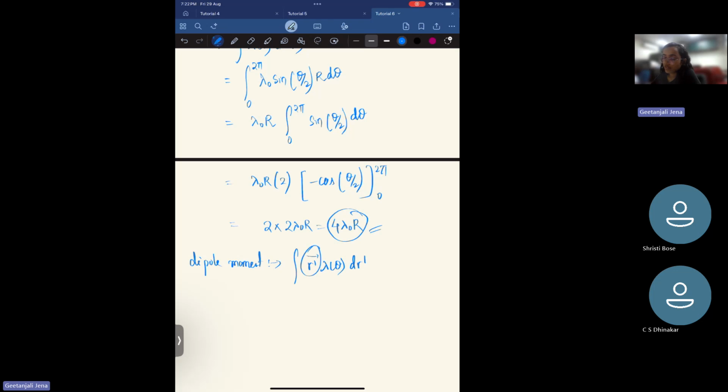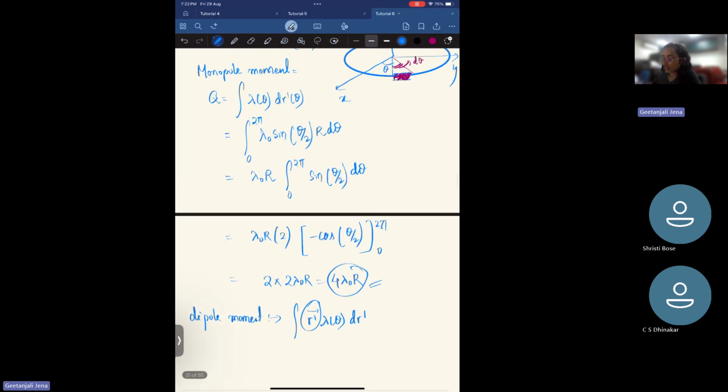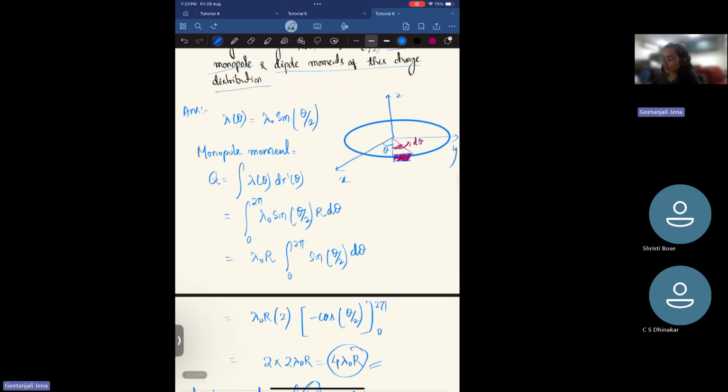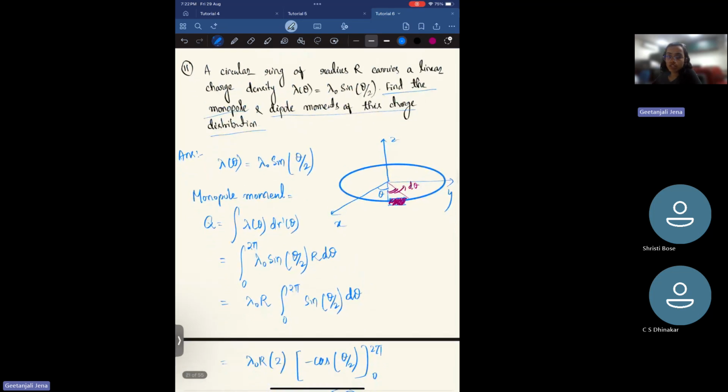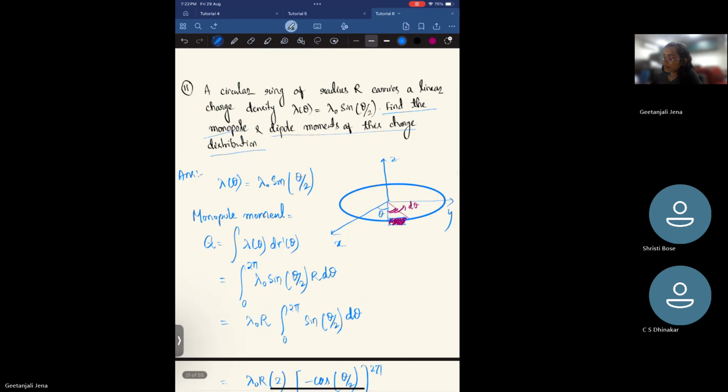So first you need to see what is the location of this line charge density from the origin. That is what we mean by r prime, right? R prime is the distance from the origin to the charge element. So this is R prime, the position where the length element is.